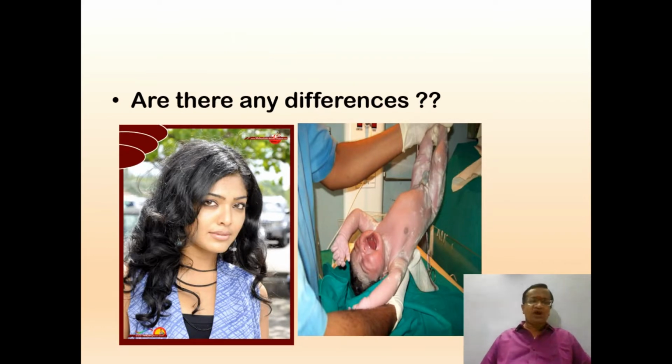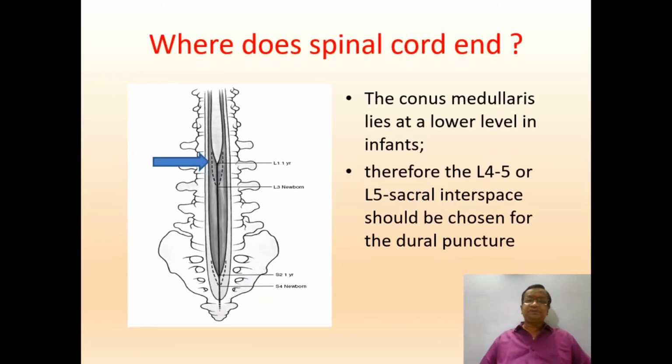Now, what is the difference between adult and pediatric in spinal? Where does the spinal cord end? It ends in adults at L1 while in infants it is at L3. That is why we need to choose the L4-5 interspace for dural puncture, or at least L3-4.